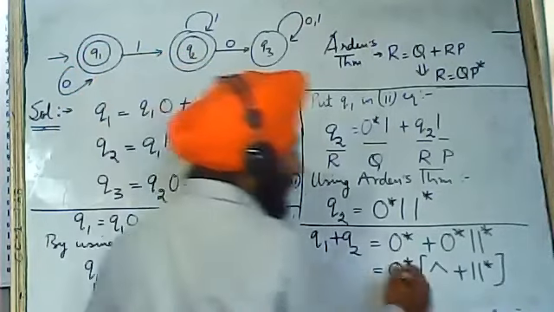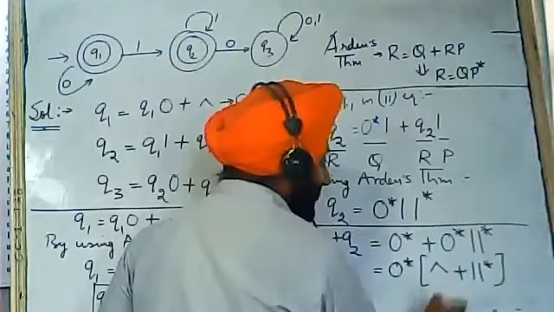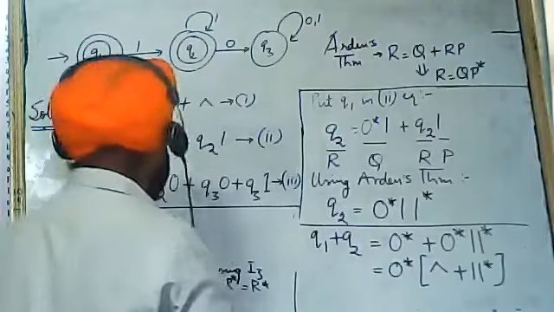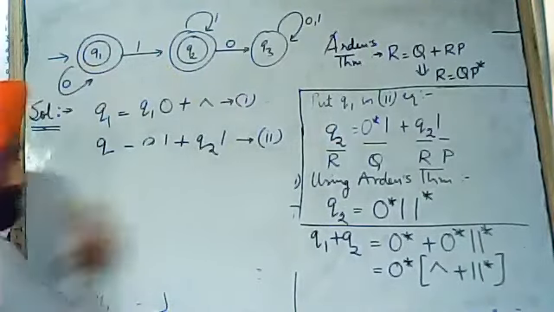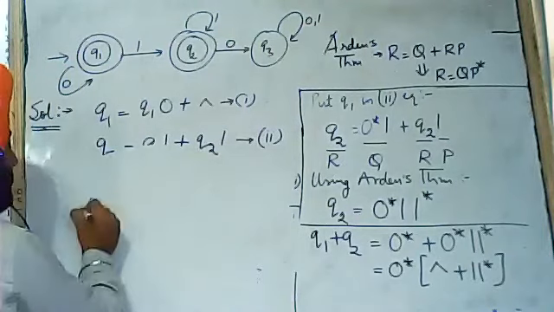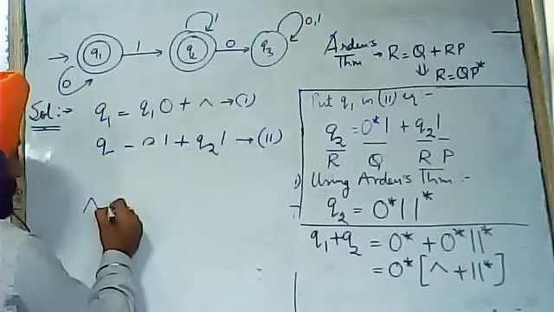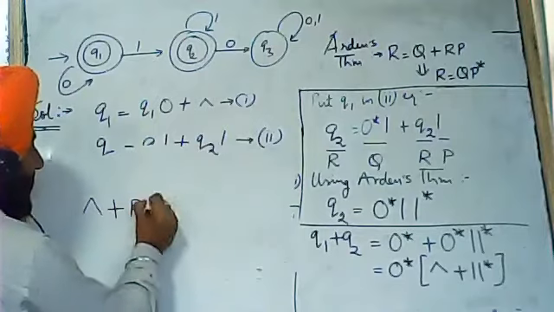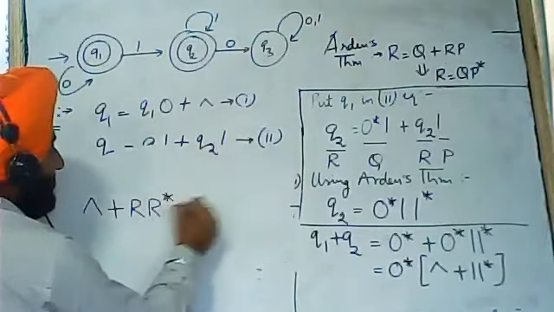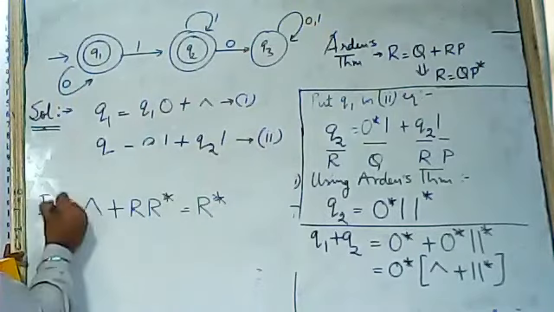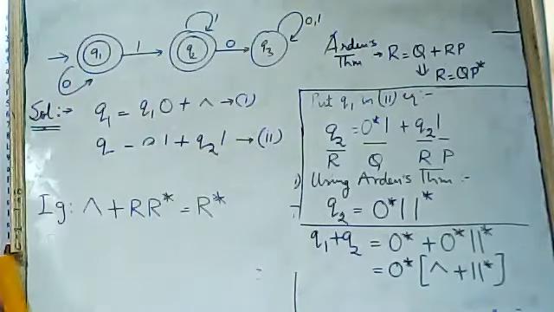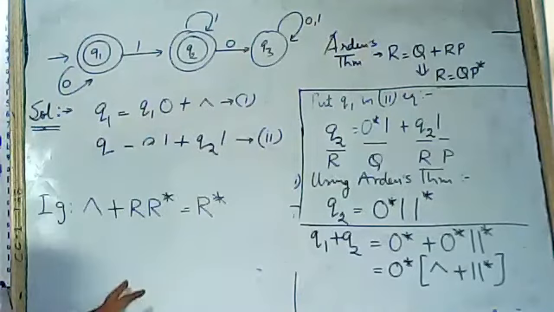So this is your I9. I9 is null plus R R star is equal to R star. This is your I9 identity, which we covered yesterday.